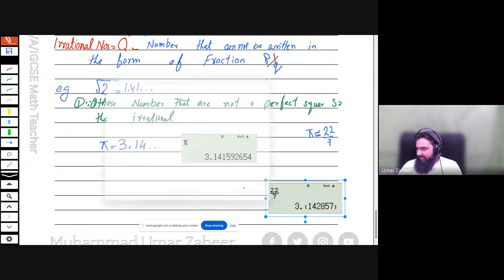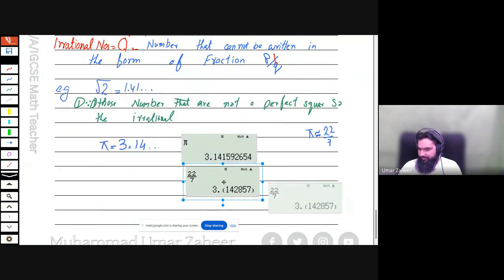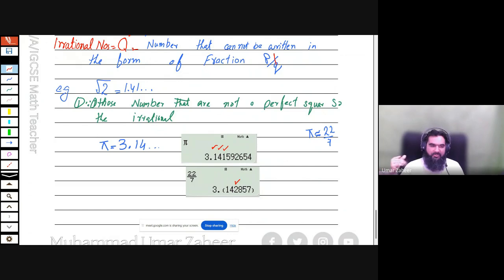Look at here, we have a difference in the numbers. The first one is the same, the second one is the same, but the third one is different, and the rest of the numbers are really different. So that's why pi is never equal to 22 by 7. It's approximately equal to this one. All right.